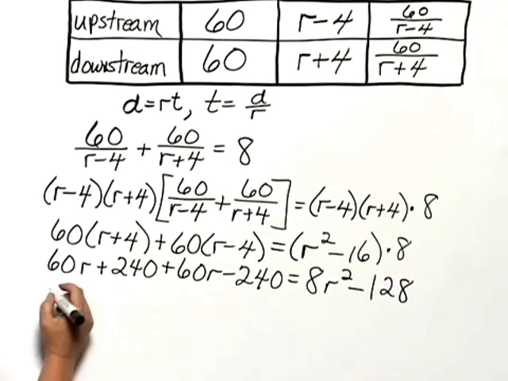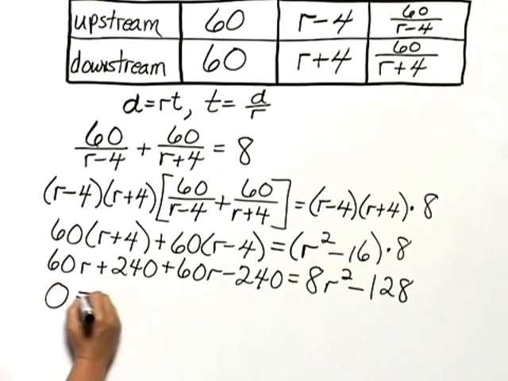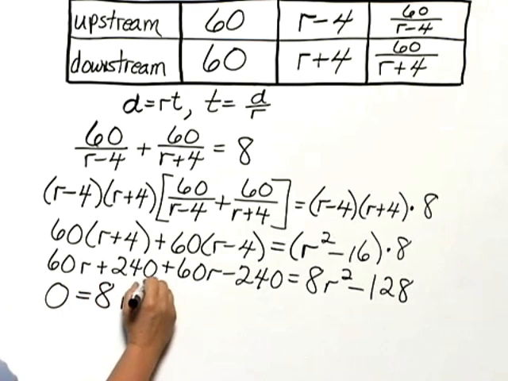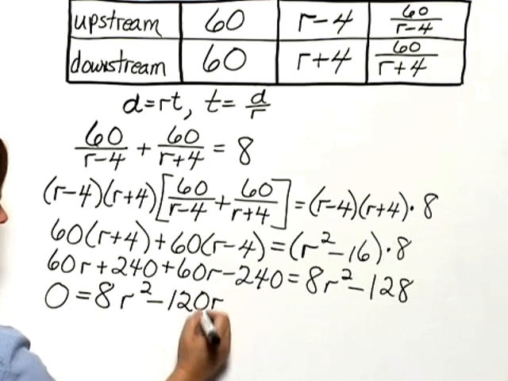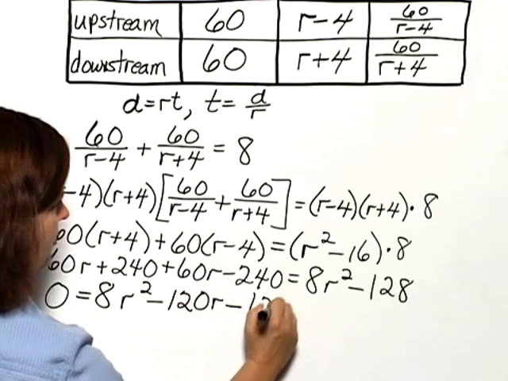So we subtract that from both sides and we get 0 equals 8R squared minus the 120R from the other side of the equation minus 128.